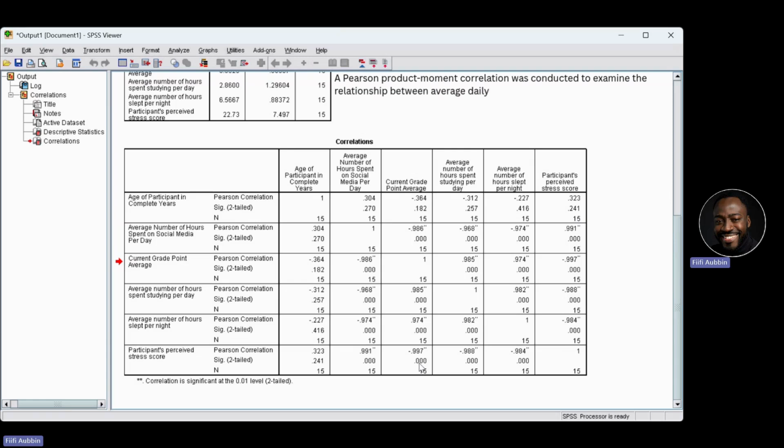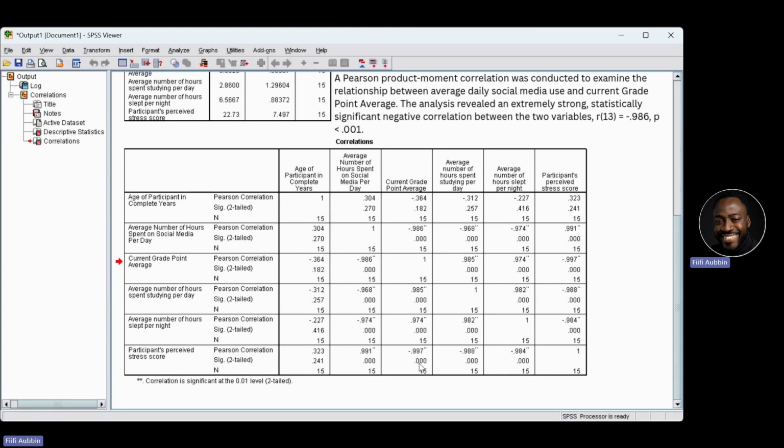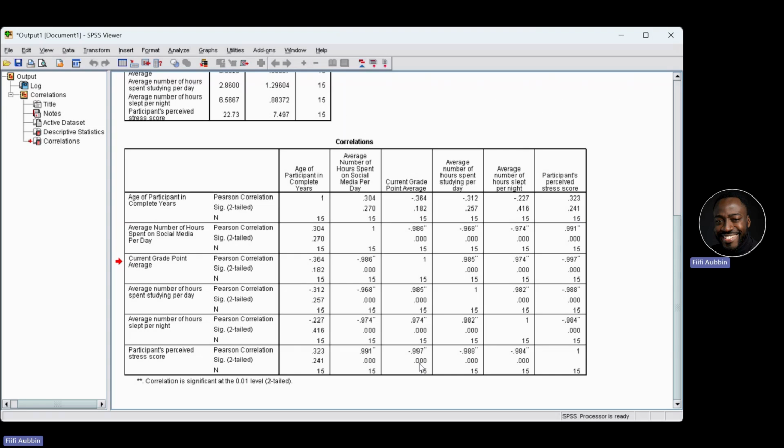And the analysis revealed an extremely strong, statistically significant negative correlation between the two variables, r(13) equals minus 0.986, with a p-value less than 0.001. And notice that the report identifies the statistical test, the variables, the correlation coefficient, and the significance level. And this is the standard format used in academic writing.